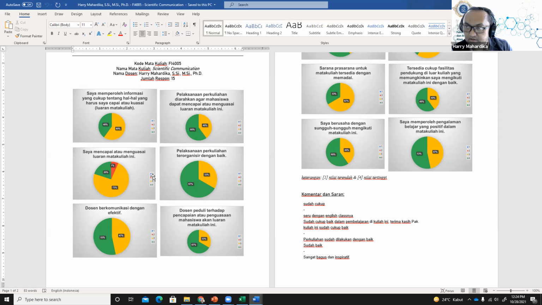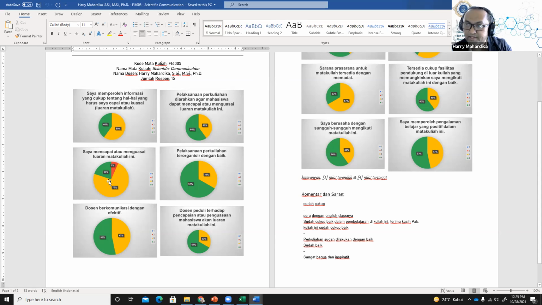I hope that after the end of the semester, this 7% response could be improved, so the number of 7% will be decreasing as time goes on, and after the end of the semester you have the ability to talk in scientific meetings using English, and you could send across the message of your topic in a sophisticated way, even though you are a novice or new to scientific activities. It doesn't mean it will be your disadvantage.